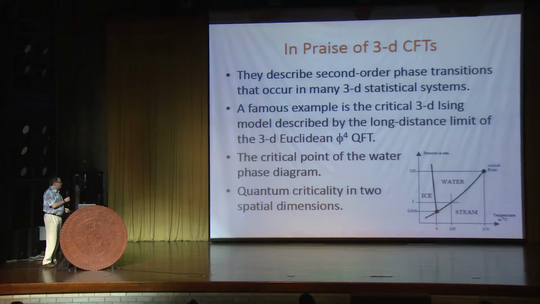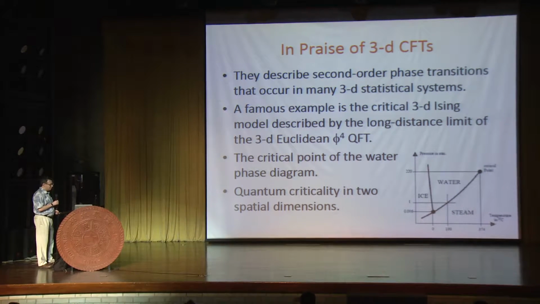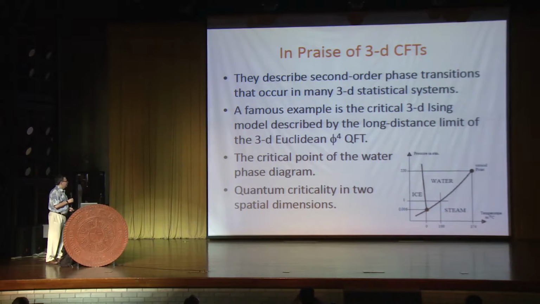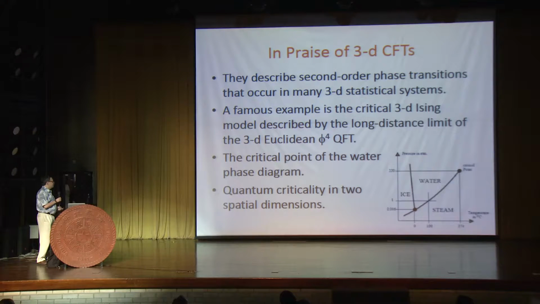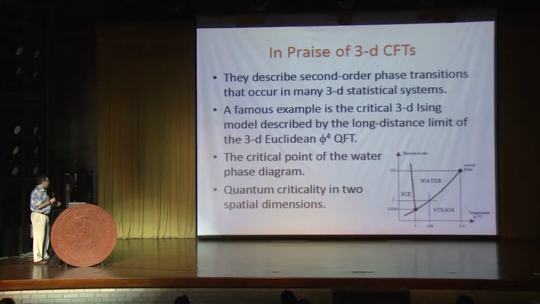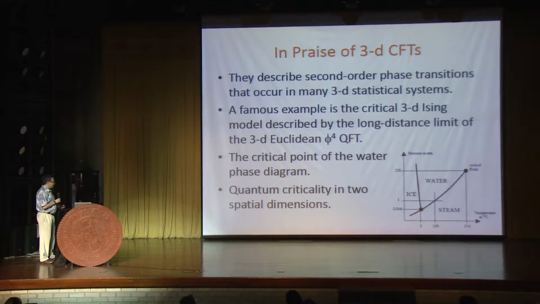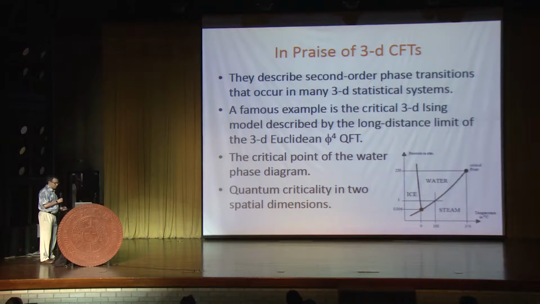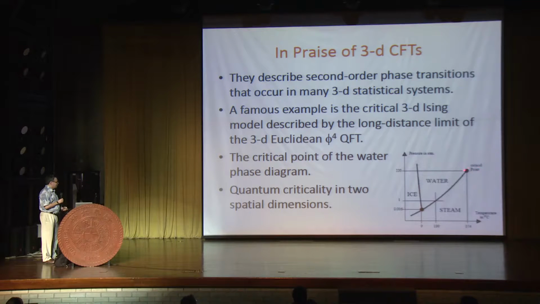I want to just start talking about the importance of three-dimensional CFTs. They're certainly relevant to nature. In particular, the ubiquitous three-dimensional Ising model, which is described by the long-distance limit of Euclidean phi-4 theory in 3 dimensions, is relevant to many systems, and in particular to the water phase diagram, where there is this critical point, and near this critical point, it's in the universality class of the 3D Ising model.